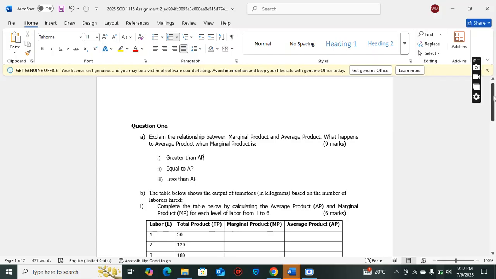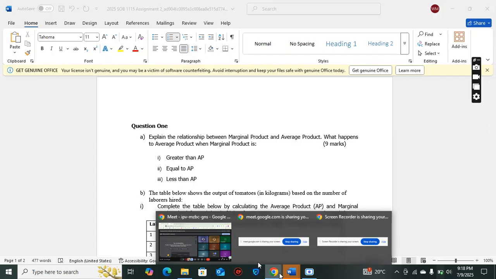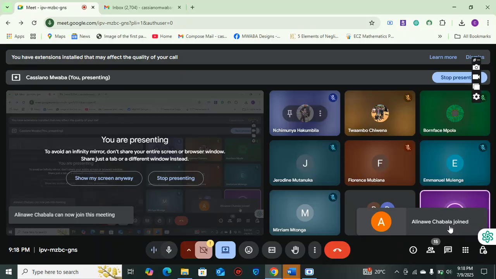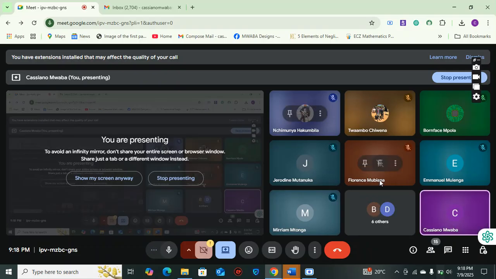Marginal product is like a magnet to average product. Well then, in this assignment, in this question, maybe try to find a more formal word than magnet, but I think you can also use magnet. When marginal product is increasing, average product is also increasing.